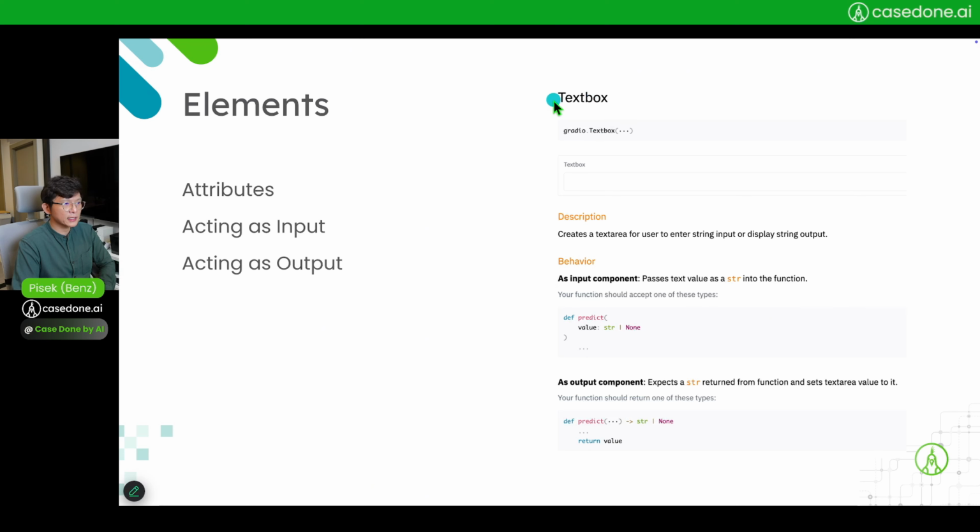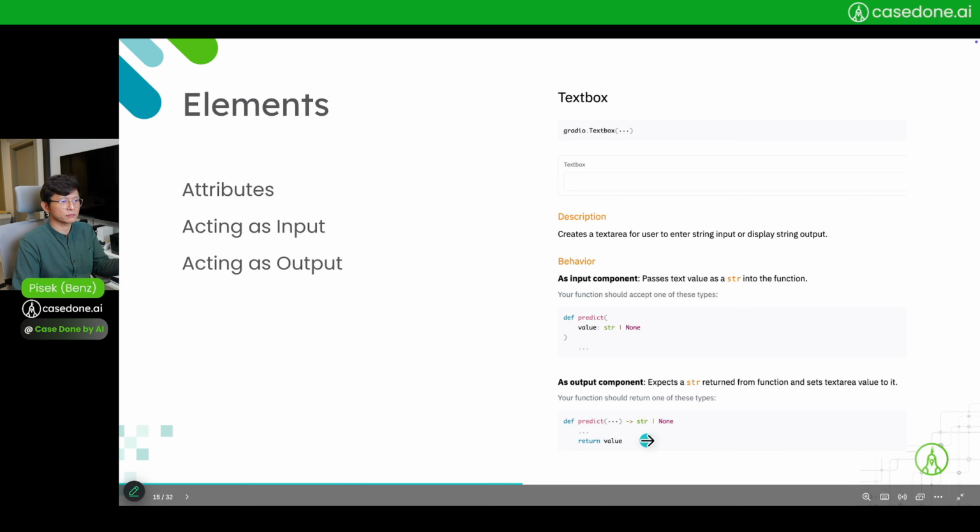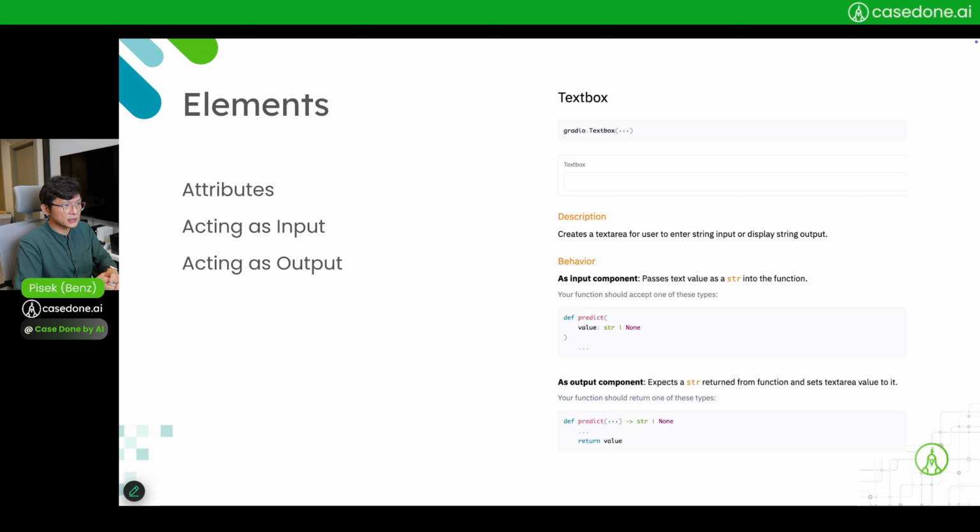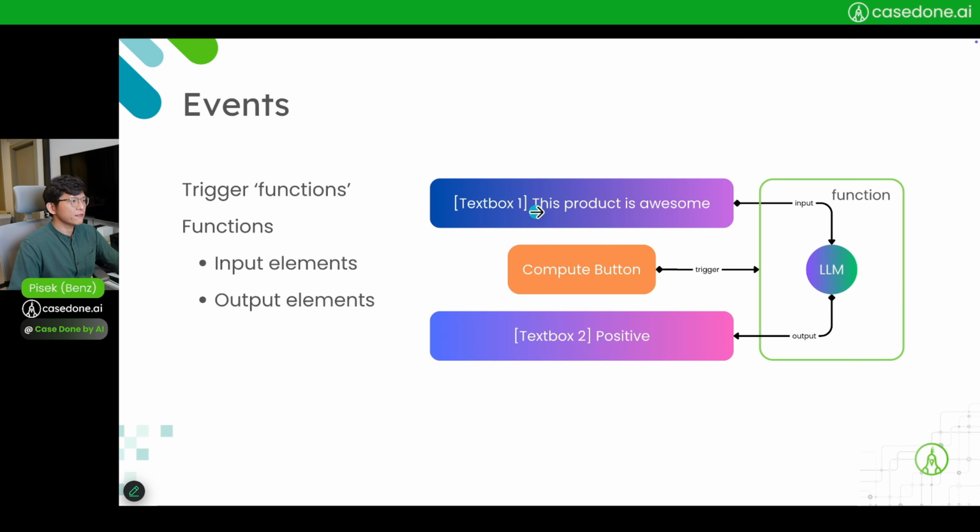For example, in a text box here, if a text box is an input to a function, what you get from that is a string, right? But if a text box is an output from a function, it will be a string. So yeah, pretty much take a look at the behavior of the element in terms of being an input or being an output. Events actually cause a function to trigger.